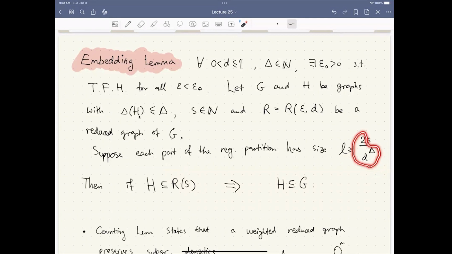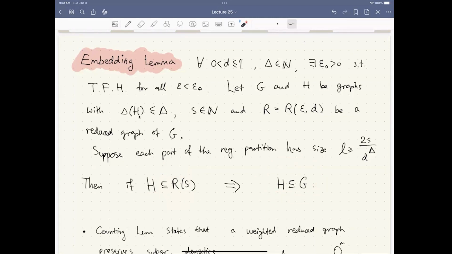D is a constant, which is the lower bound on the density of each regular pair in our reduced graph. Delta might not be a constant. So you have this number and S. What it's saying is that if there is a homomorphism from H to R, in other words, if H is contained in the blow-up of R, then H is contained in the original graph G.